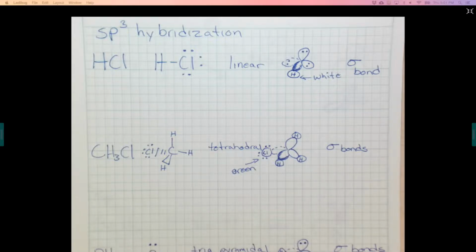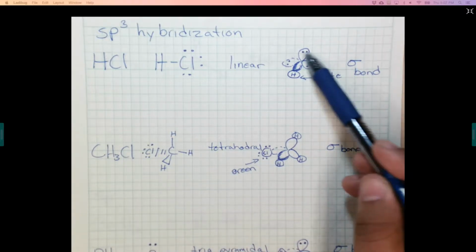Okay, the first molecule of interest is hydrogen chloride. If we make the assumption that the chlorine atom has undergone hybridization to create this single bond, this sigma bond, an overlap of these orbitals head to head, then we should expect to see tetrahedral geometry.